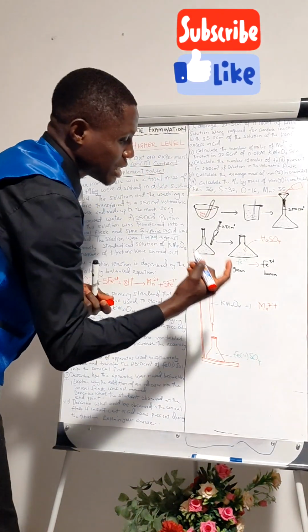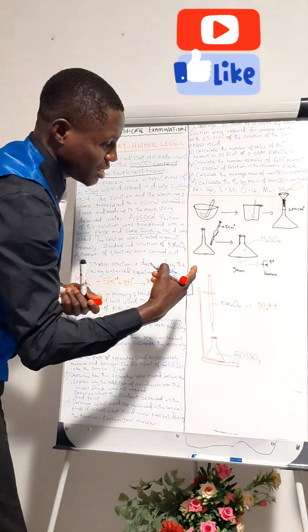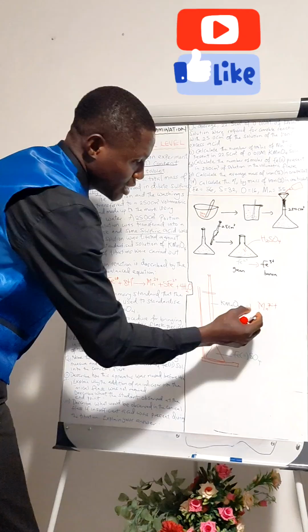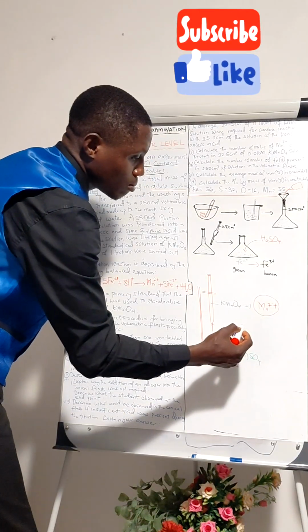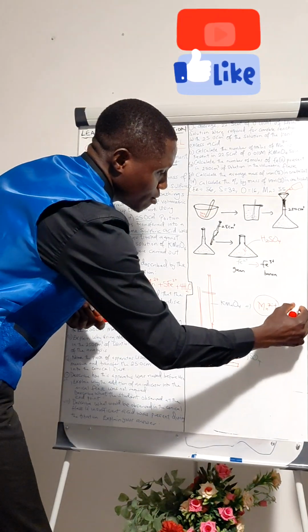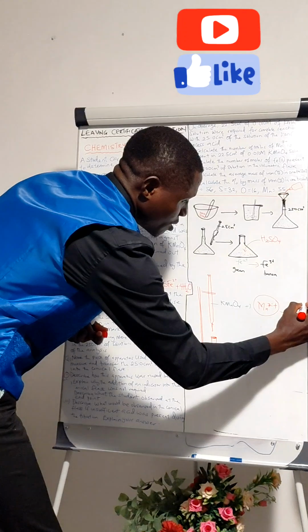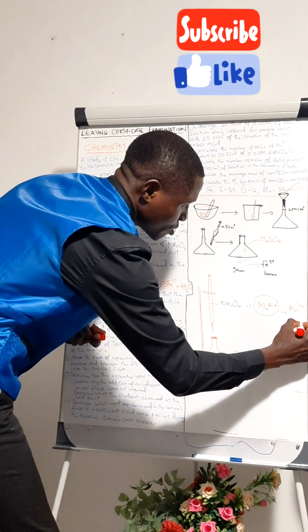When you are carrying out the titration, if you don't add sulfuric acid prior to the titration, there is a tendency that this manganese +7 can be reduced to +4 instead of +2.